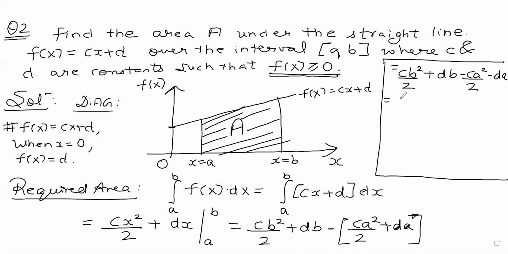So this I can write as c by 2 times b square minus a square, plus d times b minus a. This is the required area.